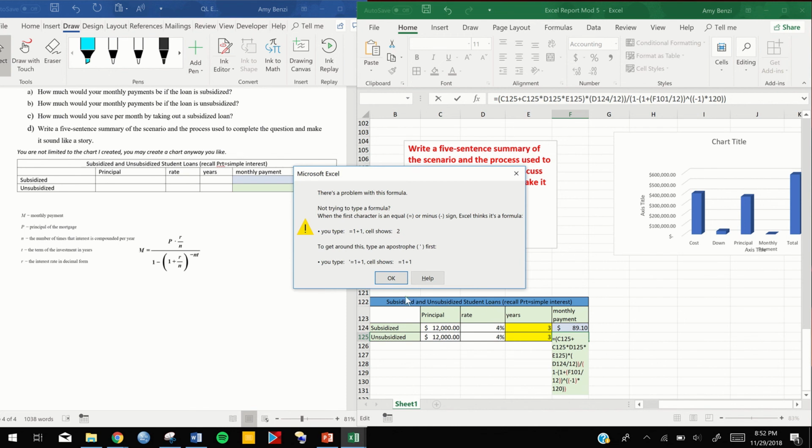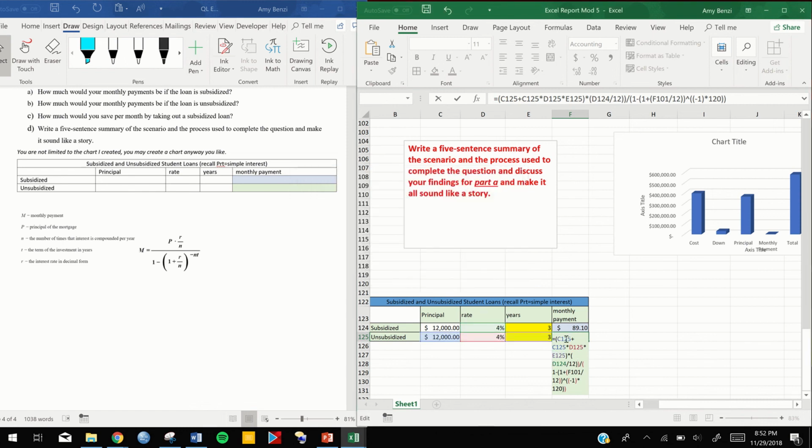Okay, what is this all saying? Sometimes it's easier for me to just read through it rather than look at their correction. So here I have my principal plus my rate times my time. Principal plus principal times rate times time. And then I have my, I'm still working on my numerator.